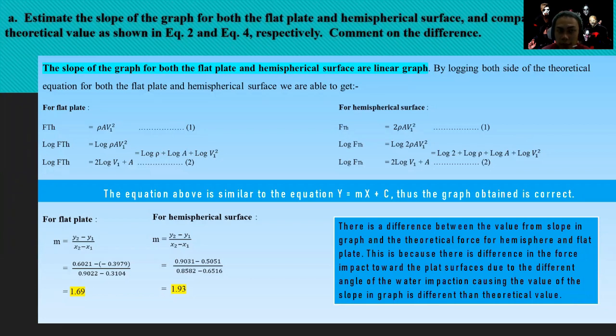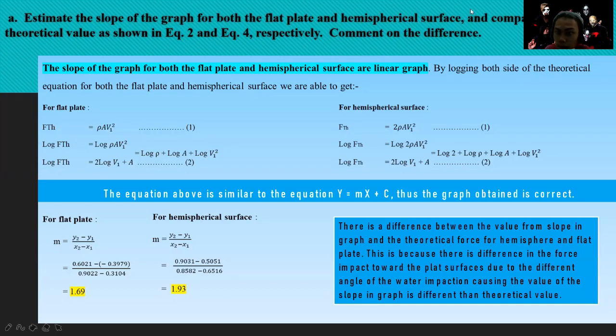Next, estimate the slope of the graph for both the flat plate and hemispherical surface and compare with the theoretical value as shown in equation 2 and equation 4 respectively. And we must see the difference. We use the slope of the graph on the linear graph.